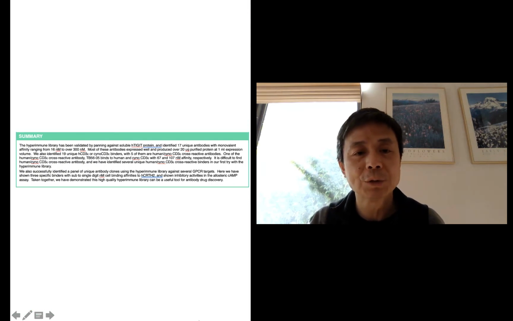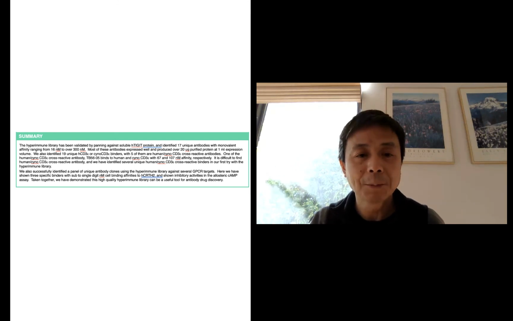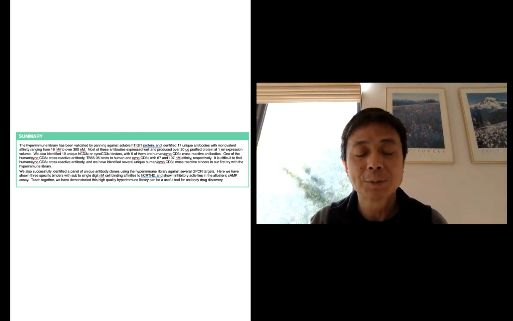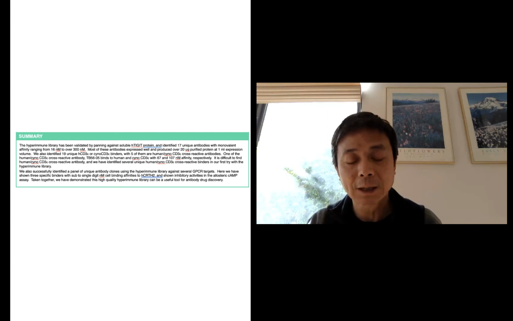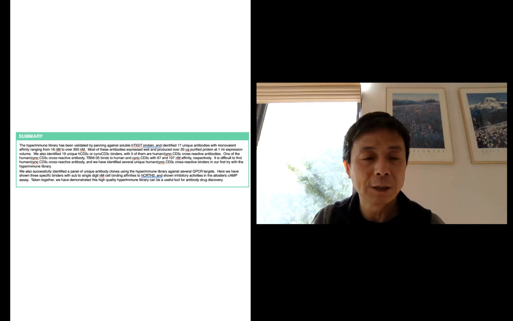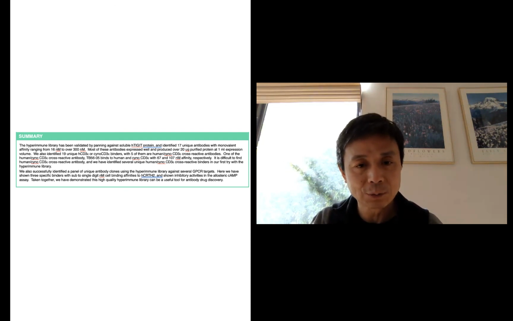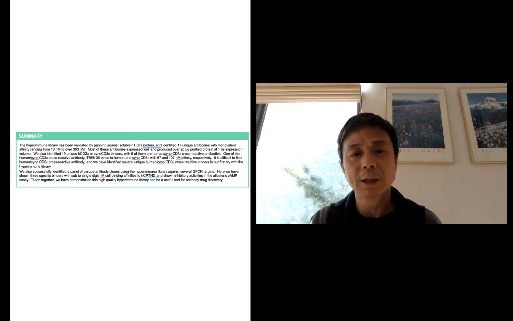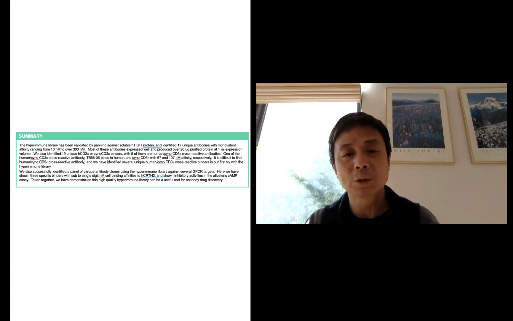Here we show that we made a human antibody library. This library has been shown to select binders for both TIGIT protein and CD3 protein. For the TIGIT target, we identified 17 unique antibodies with monovalent affinity from 16 nanomolar to over 300 nanomolar. For the CD3 target, we identified cross-reactive binders to both human and cyno CD3.